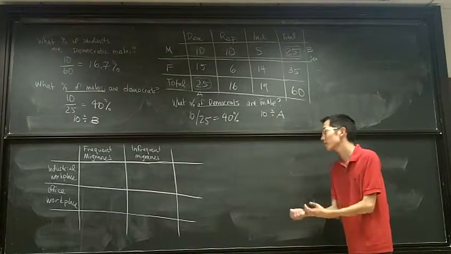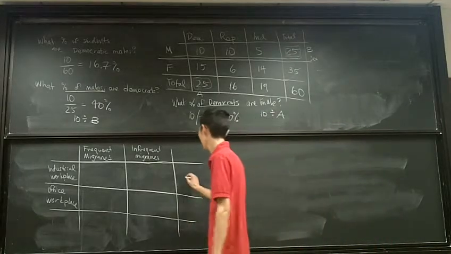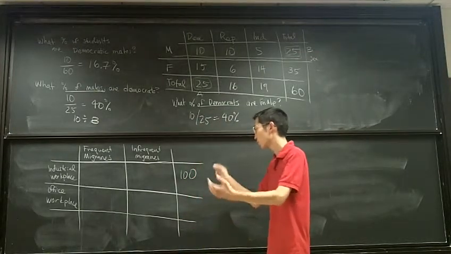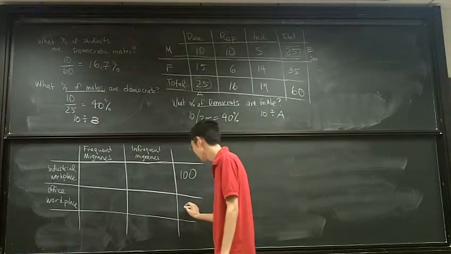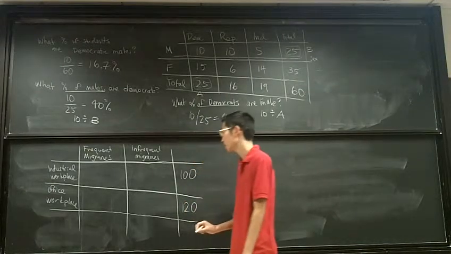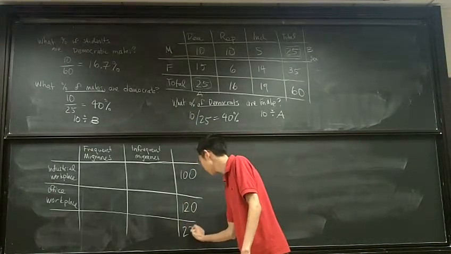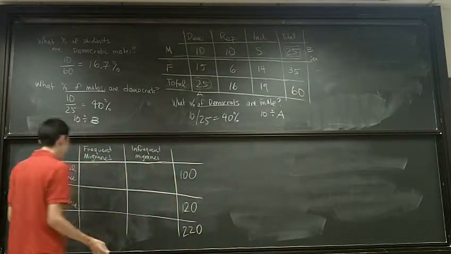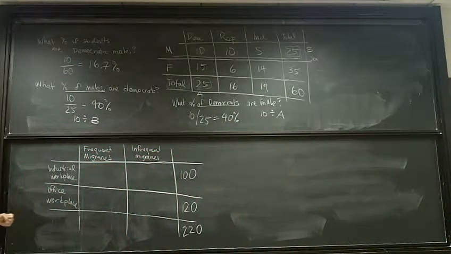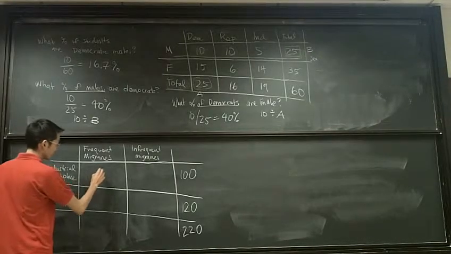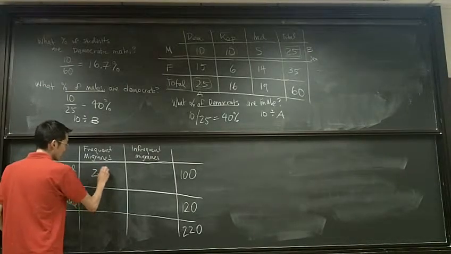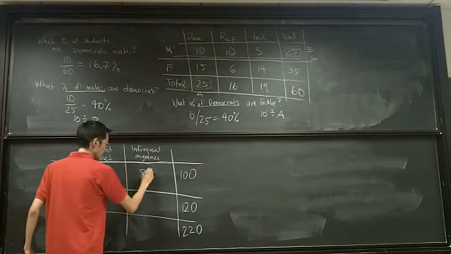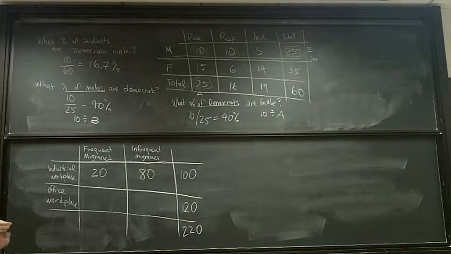Let's say we looked at 100 people in the industrial workplace, and we looked at 120 people in the office workplace. So we looked at a total of 220 people. Of those in the industrial workplace, 20 of them have frequent migraines, which means 80 did not.